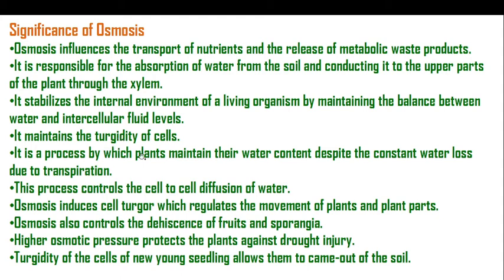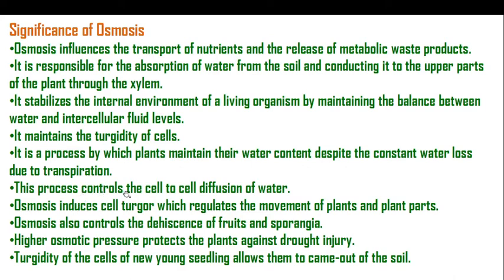It is a process by which plants maintain their water content despite the constant water loss due to transpiration. So at the time of transpiration, whatever water loss happens can be maintained with the osmosis process.